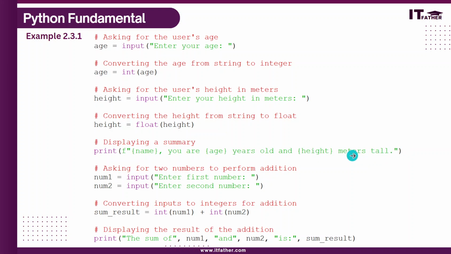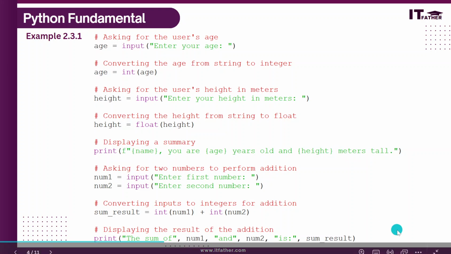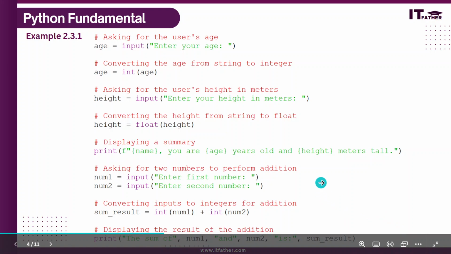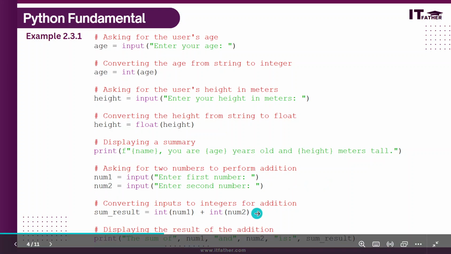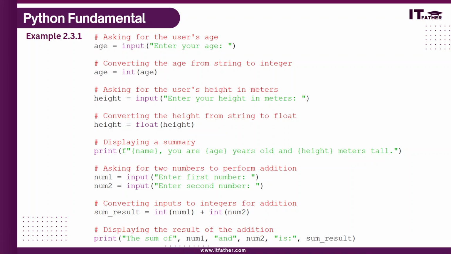So wherever any word or variable you write within curly braces using the format specifier, that will be replaced by the variable value. Now asking the user to enter two values, num1 and num2, and now we are finding the result after finding the addition of those numbers and displaying the results, right?